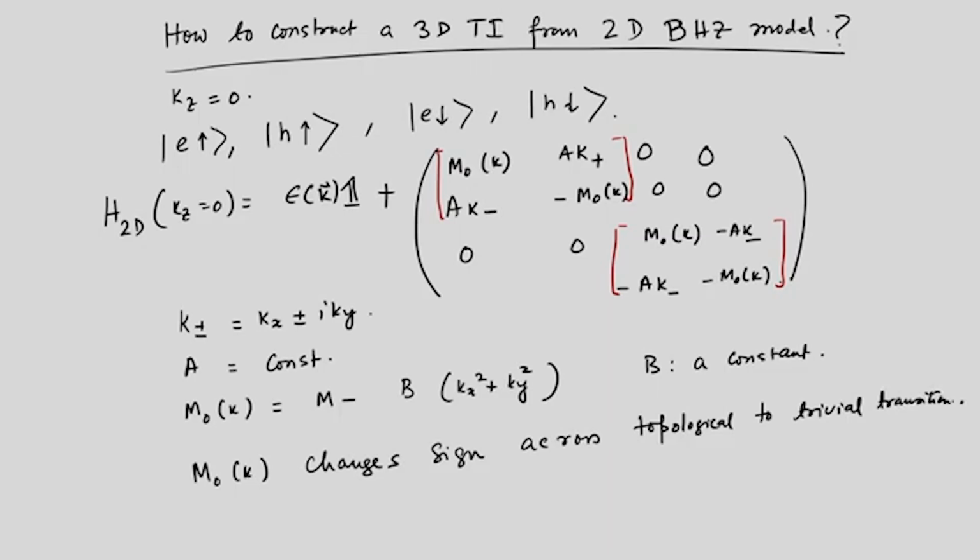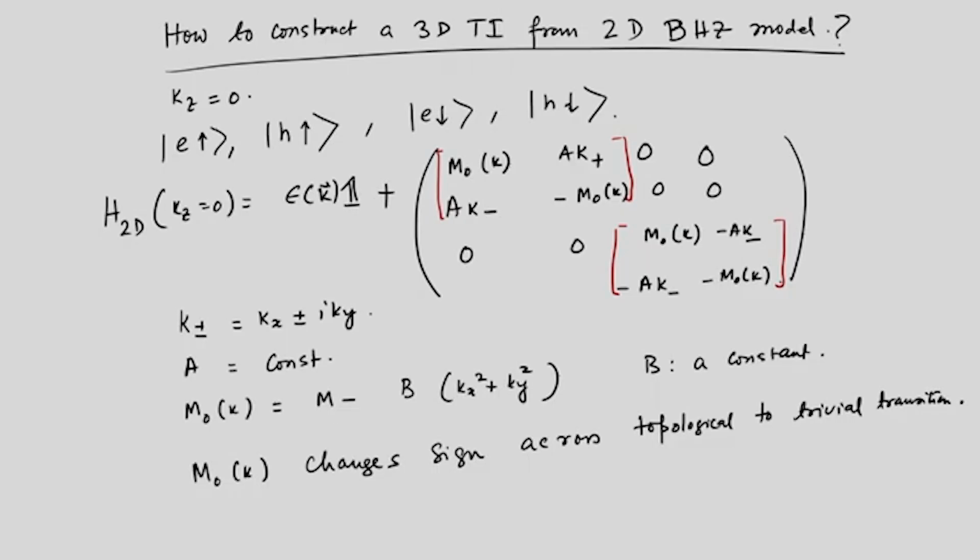Okay. So, what it means is that if your m minus b (kx square plus ky square) is greater than 0, then you have a certain kind of phase, and when it is less than 0, then it undergoes a phase transition, and that is the topological phase transition that we are familiar with. We have seen that earlier.